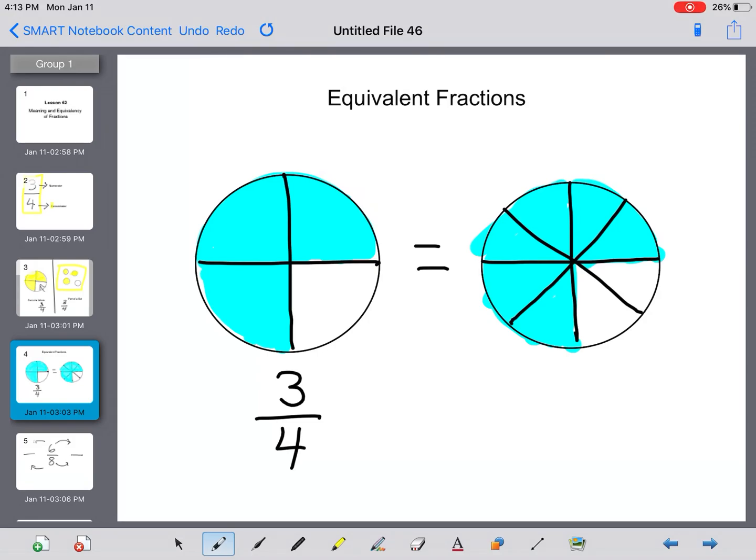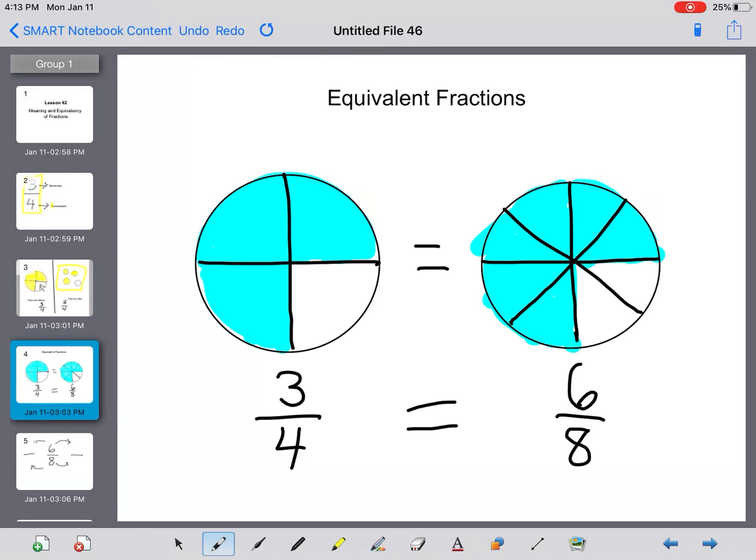For the second pizza, on the other hand, we have the same amount of pizza, but this time we have 6 pieces out of 8 pieces total. We have the same amount of pizza, it's just split into more pieces, so therefore we change our fraction to reflect that. But these are still equal amounts of pizza, equivalent or equal fractions, okay?